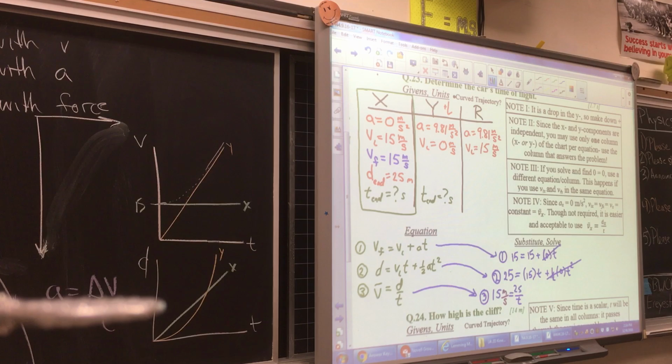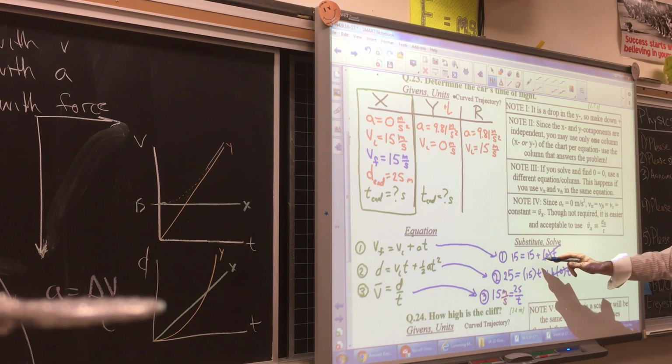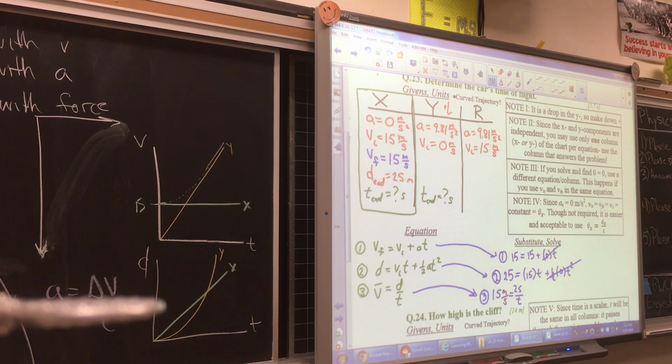What if you chose equation 1? Note 3. There you go. Reading is fundamental. Will this ever happen to you as an individual in this room? Will you ever get a problem where you're left with 15 equals 15? Or maybe minus on both sides, 0 equals 0? Most likely, yes.